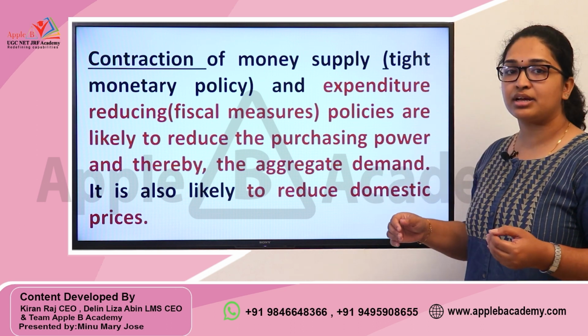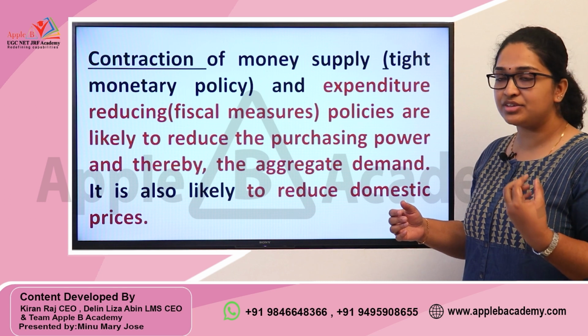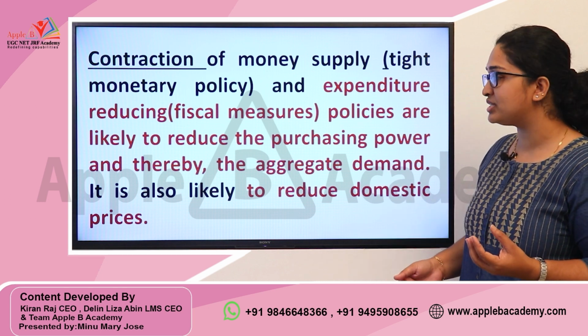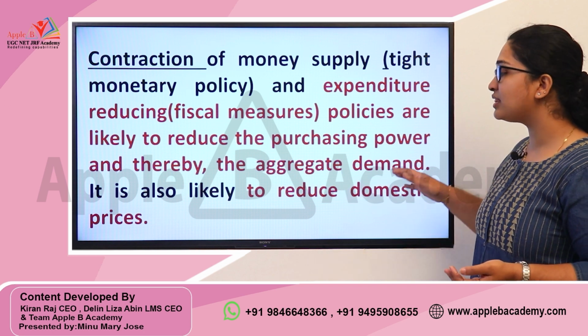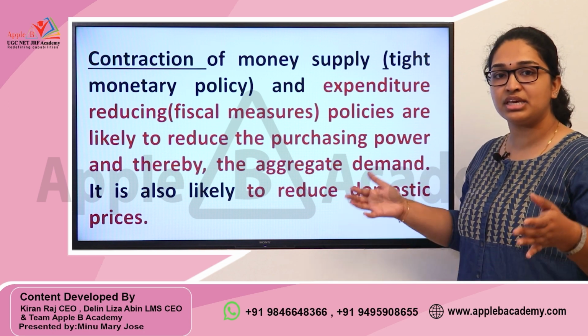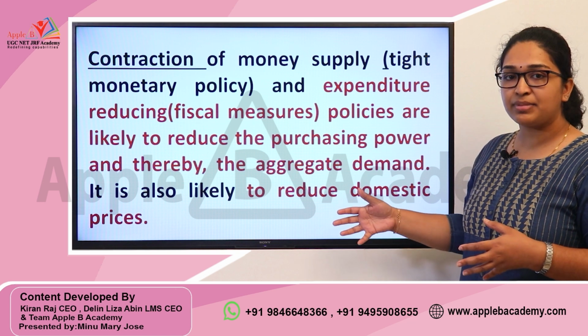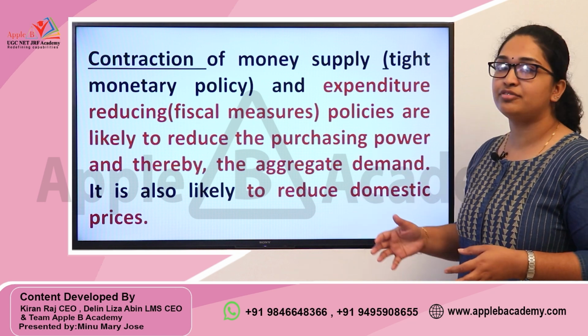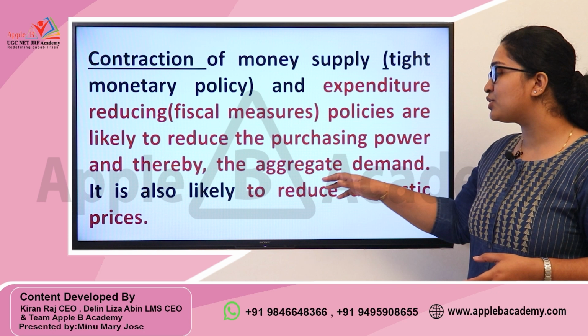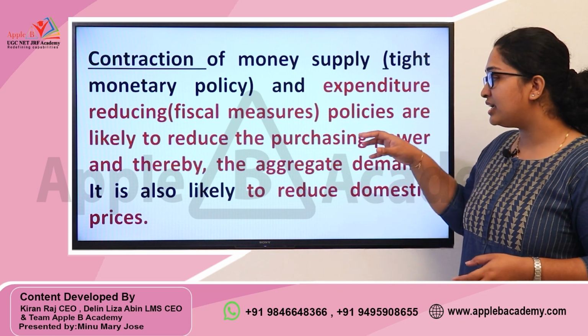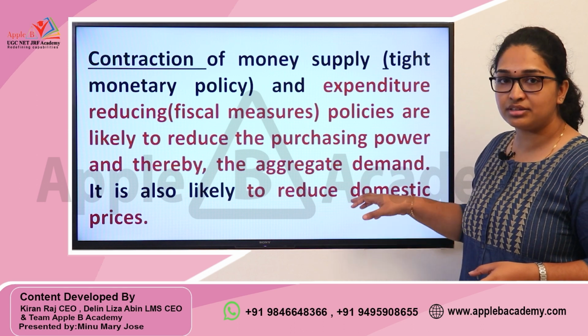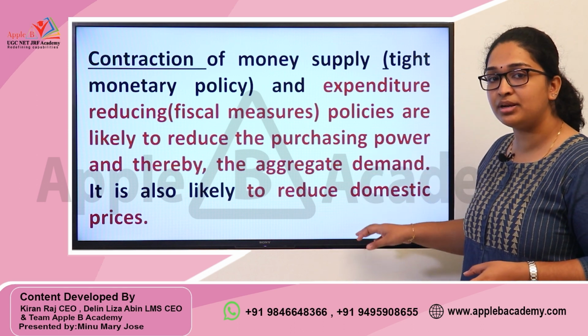So, the purchasing power is reduced because of this contractionary policy followed by the regulatory authorities, thereby reducing the aggregate demand. Contractionary policy immediately will lead to the aggregate demand being reduced through this fall in the purchasing power, and it is also likely to reduce the domestic prices. So, the immediate impact of this decrease in aggregate demand will be a fall in prices.